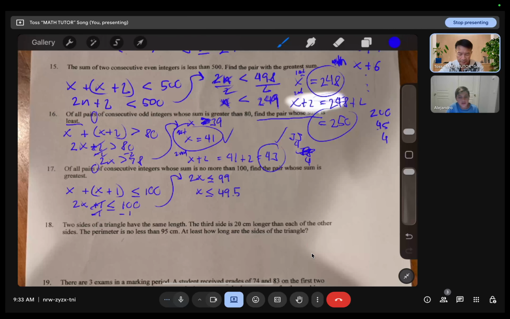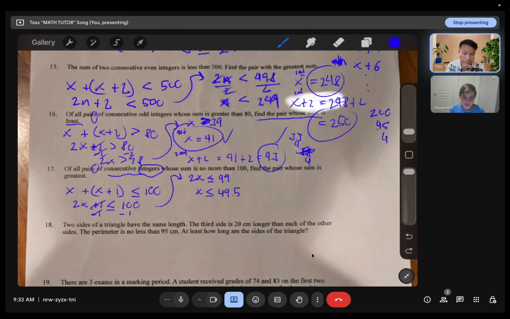What do you think? So who's all pairs of consecutive integers? I know it says bar, but since 49.5 is a decimal or even a fraction or mixed number, you cannot use it. So we cannot use it. So what do you think the first of the two would be? We cannot keep the decimal form.